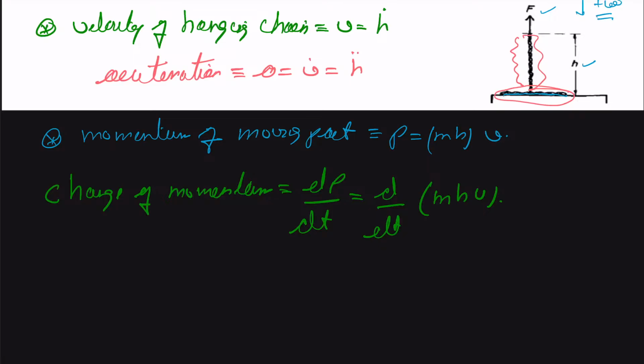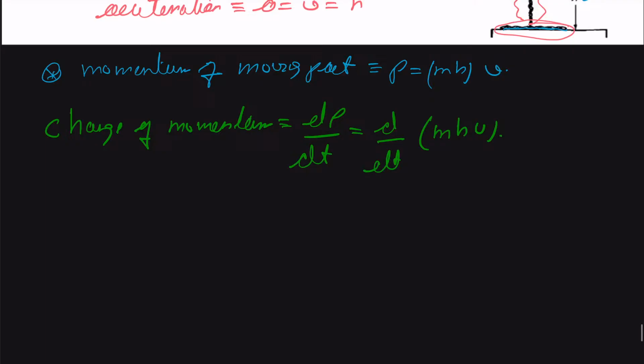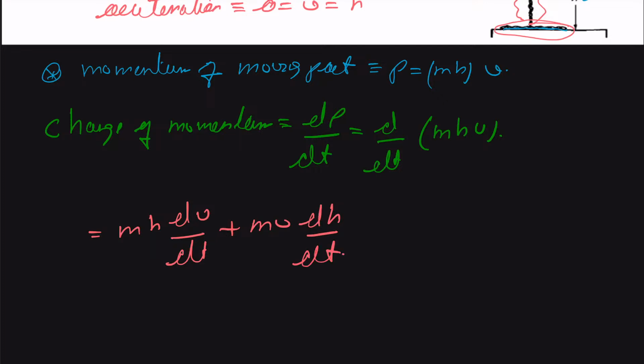And this will be giving us, our first function is h times dv by dt plus second function v times dh by dt.